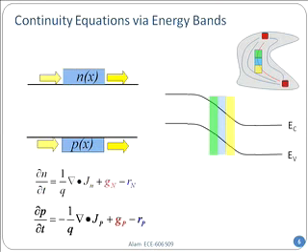Now, the continuity equation in general, as I said, I want to re-emphasize this, that this generation process, G sub N, is always actually equal to G sub P. Because anytime you generate an electron, pump it up by photons, let's say, you leave behind one hole. So the number of electrons that is increasing is the same as the number of holes that is increasing, right?